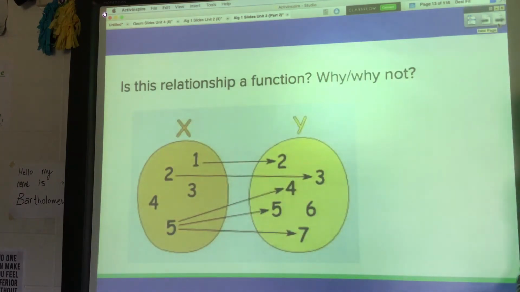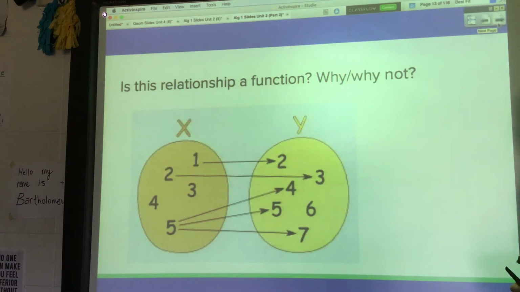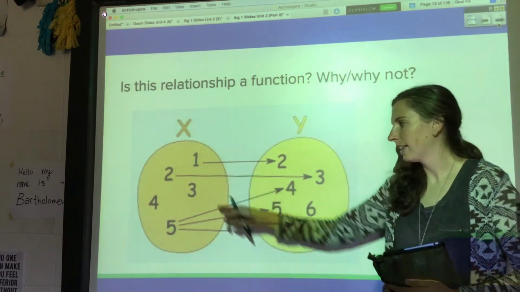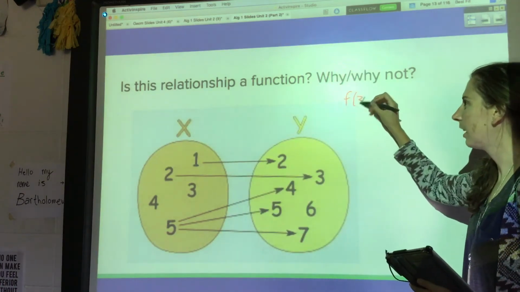All right, so here's an example. Is this relationship a function? Why or why not? Go ahead and pause and try that. All right, this is not a function for a couple reasons. First of all, 3 and 4 don't even get on a bus. They got left behind. They need an output of some kind. Like what if I try to do f of 3?